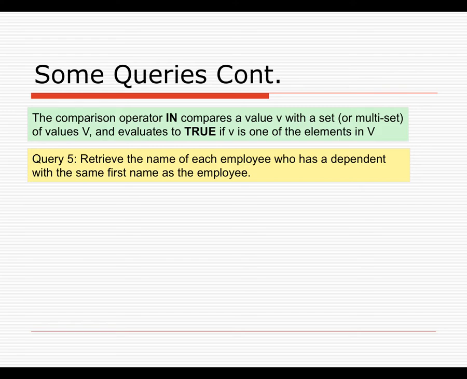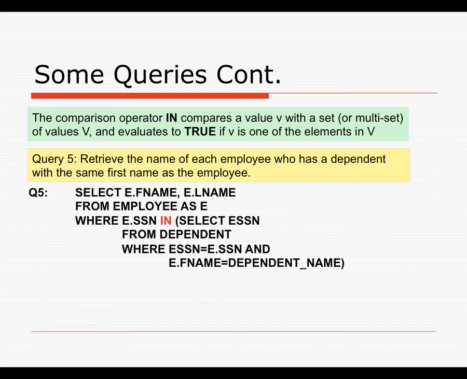Now, we can also look at using wildcards and comparison operators like in if we're going to want to do a comparison of values. So if I want to retrieve the name of each employee who has a dependent with the same first name as the employee, I'll be selecting the first name and the last name from the employee where both the employee social security number and select social security number from the dependent are equal to the first name of both the employee and the dependent.